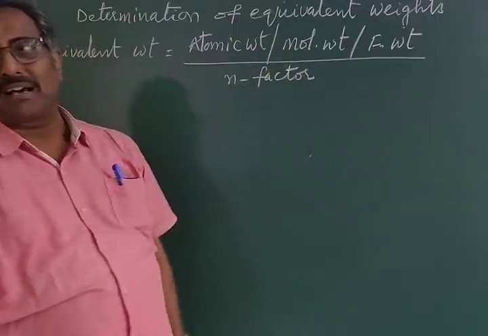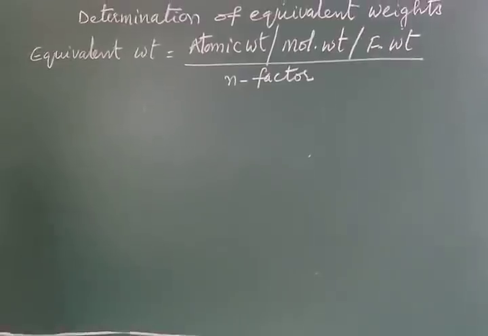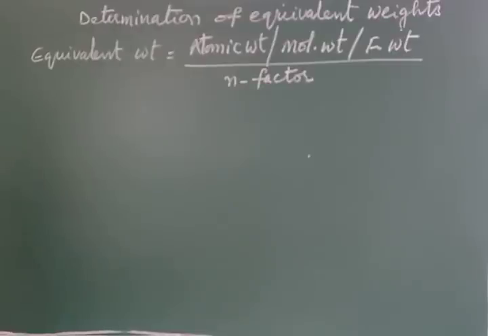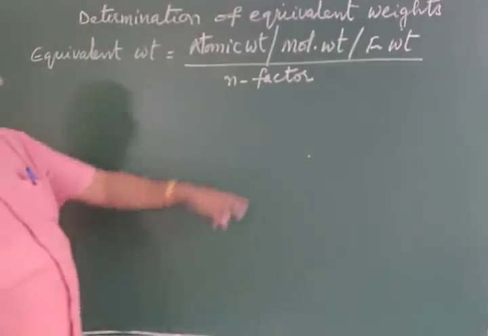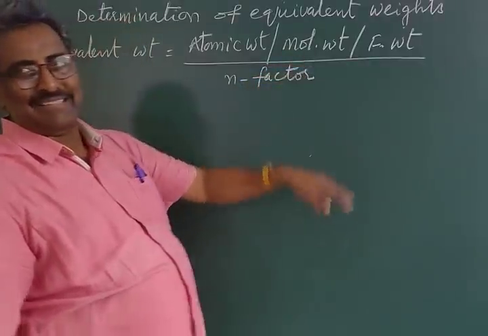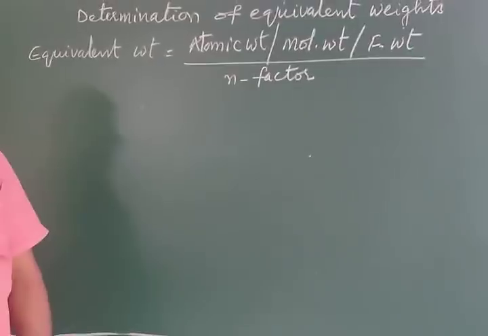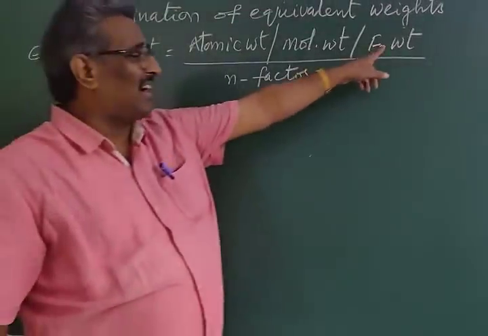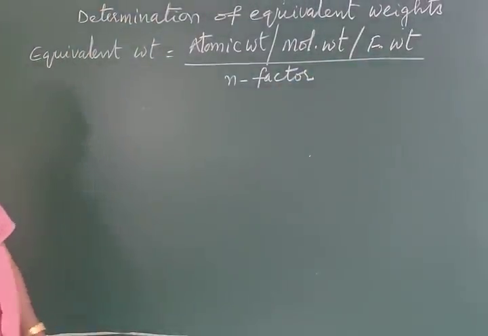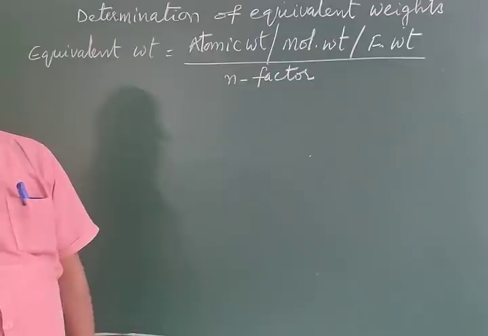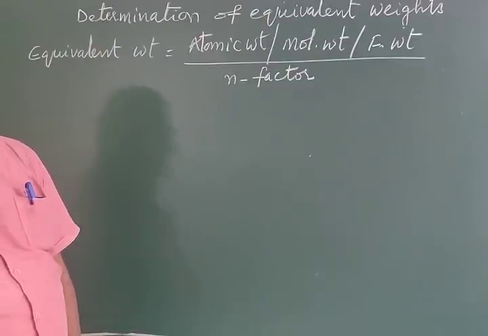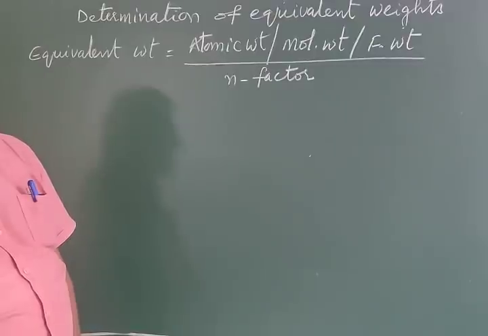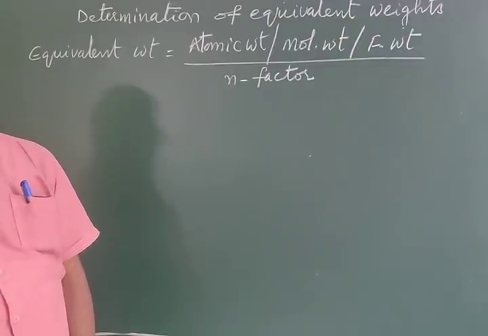In the case of molecular substances like acids and bases, the n factor is determined by using the acidity of the base or basicity of the acid. In the case of salts, formula weight by n factor, where n factor is obtained by finding the total amount of either positive charge or negative charge present in the substance.